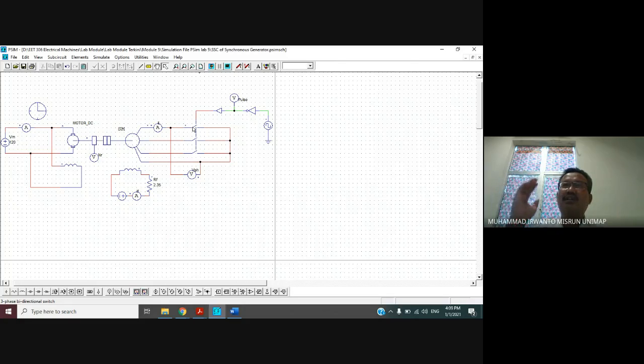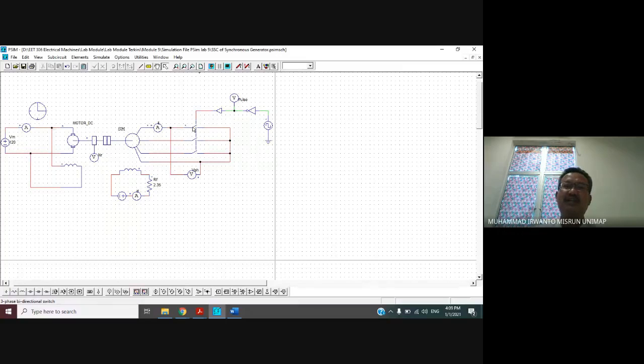When in the short circuit condition, remember the phase voltage becomes zero, no voltage, but the current becomes higher. So the short circuit current is the value of IA.